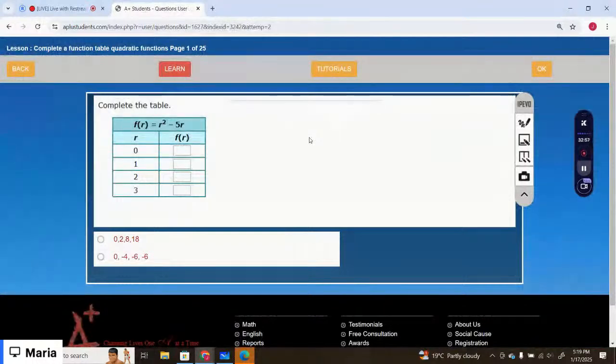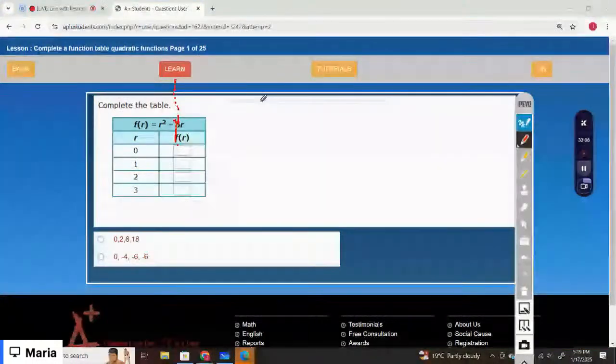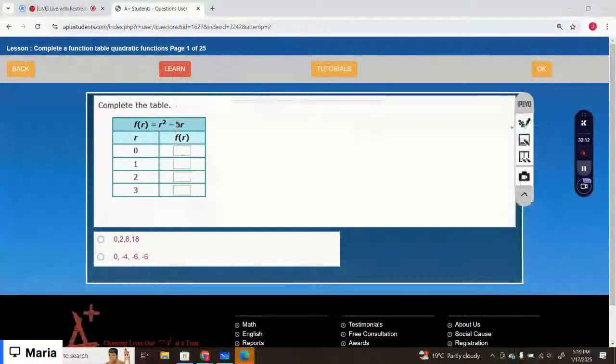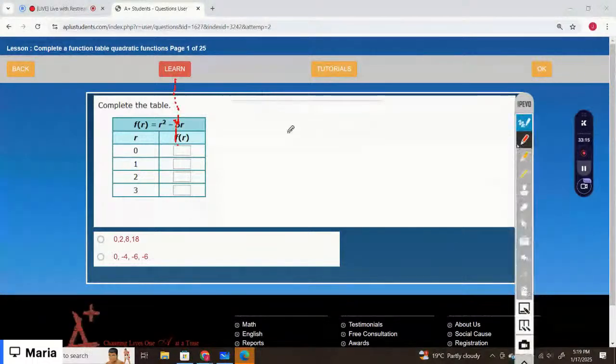So let's evaluate. For r equals 0, replace the r with 0, so that is 0.